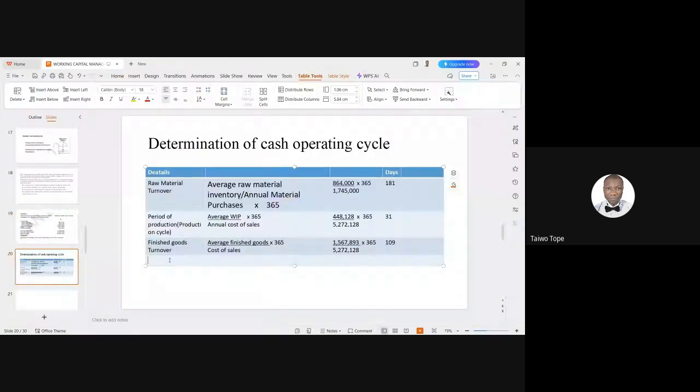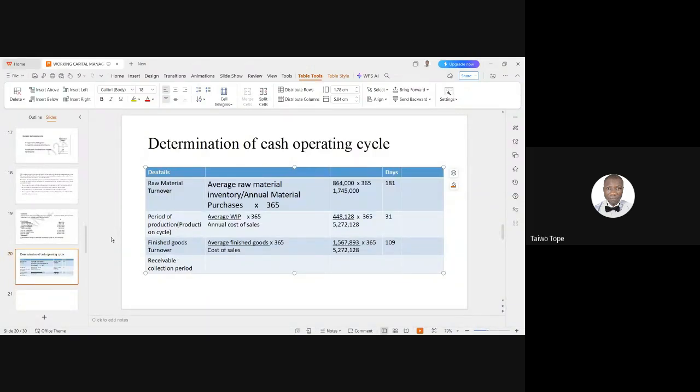So we have it as receivable collection period, or credit period given to customers.